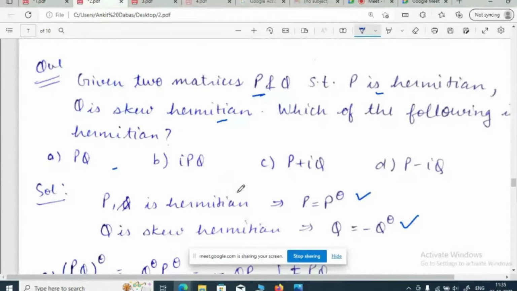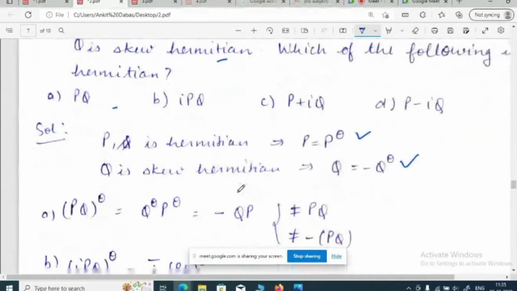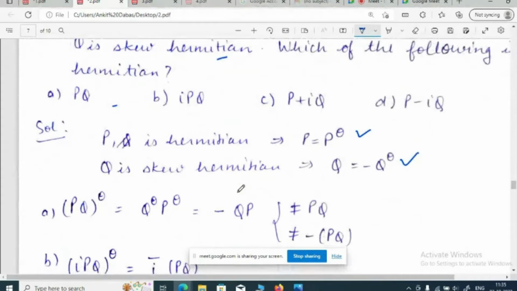Okay, so we will compute for each part. For PQ conjugate, because this follows the reversal law, we have to remember that. So PQ conjugate will be equal to Q conjugate into P conjugate.